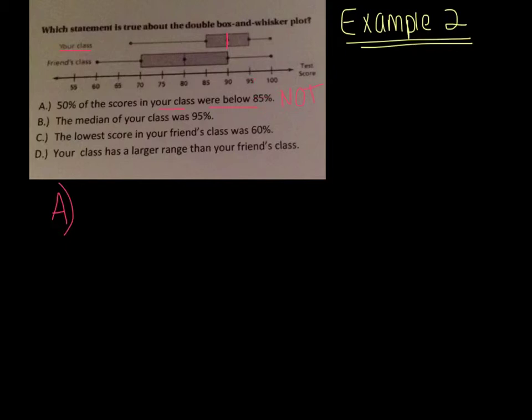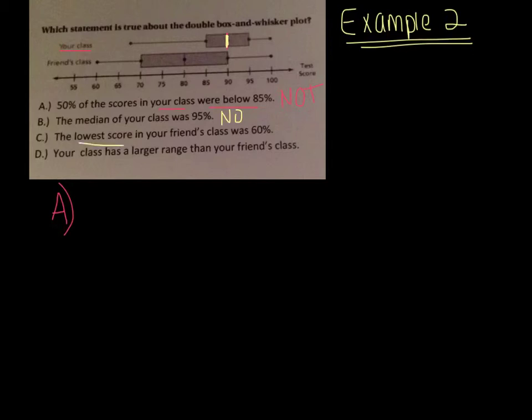If we look at letter B, it says the median of your class was 95%. Well, we actually just figured out the median of our class again, right here, and we said it was 90%. So B is not true. The lowest score in your friend's class was 60%.